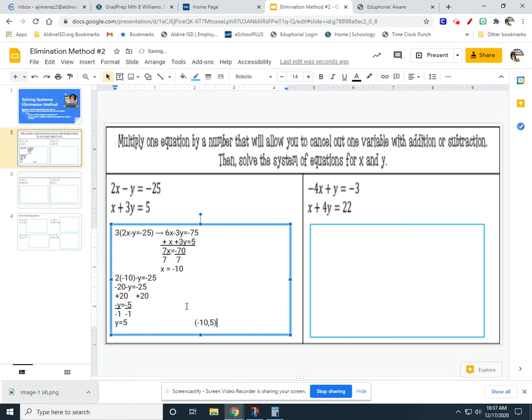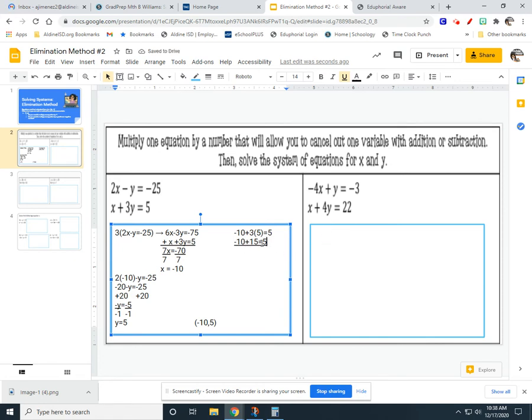Now, I didn't talk about this in the other videos, but if you want to double check your work, you can. You can go over here to the top, tab over, and put negative 10 plus 3 times 5. That should equal 5. We tab over, and we get negative 10 plus 15 equals 5, and that does.